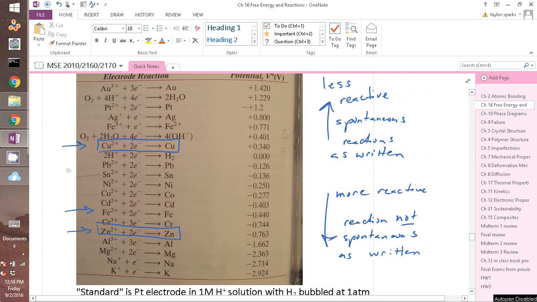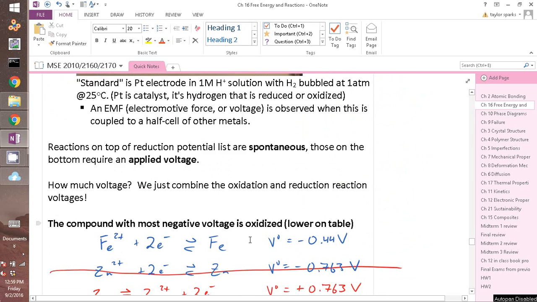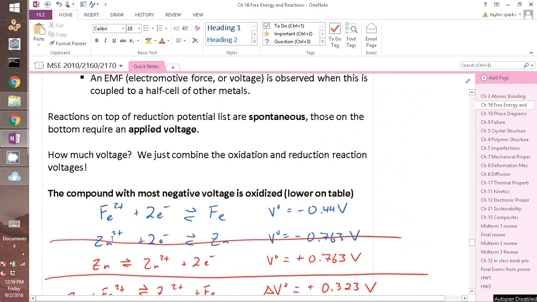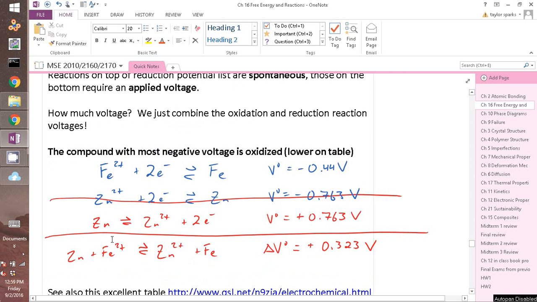So the one that becomes oxidized is going to be the one that's lower on this table. All right? So we gave some examples. We said if you had iron and zinc put together, which one's going to be oxidized, meaning which one's going to turn into ions and corrode away. And we decided it's zinc because it's more negative. So we switched it, we made it an oxidation reaction, which changed its voltage to positive from negative before. And then the overall reaction for this, you just add these two voltages together. Okay?